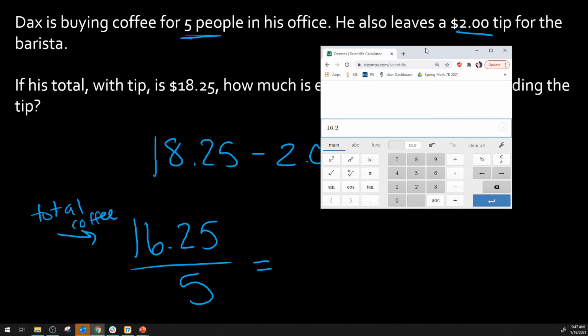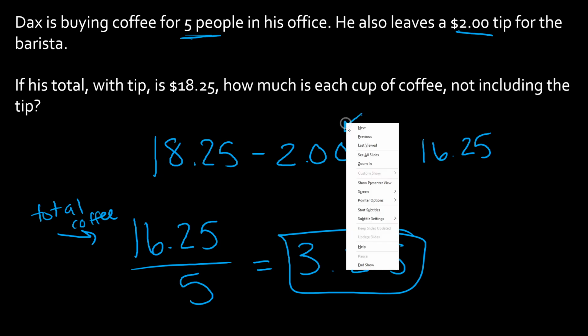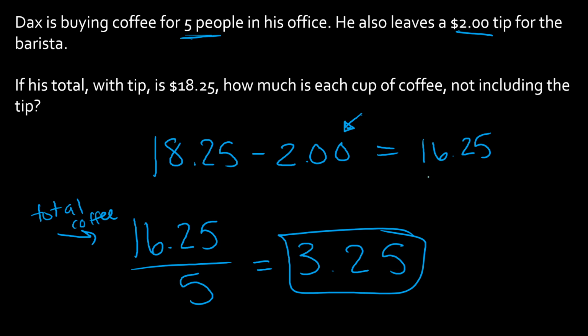So I have 16.25 and I am dividing that by 5, which gives me 3.25. So this means that Dax is paying $3.25 for each cup of coffee, not including the tip, because we subtracted it right here, so that's why it is not included. So $3.25.